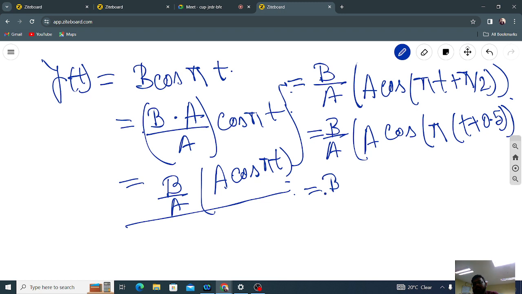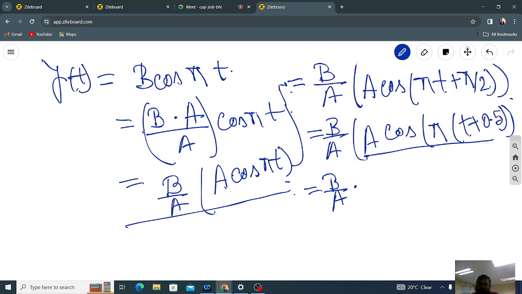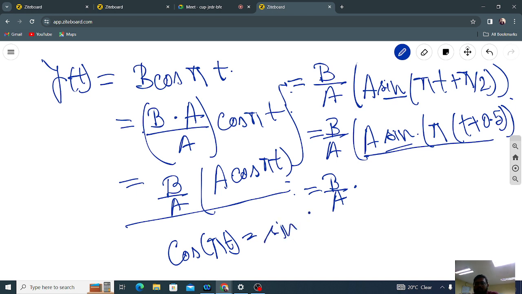So this will be b by a into, what is this function? Just write me, x of t is equal to a sin pi t. Sorry, there is a mistake because this is sine, this is sine, right? So from this relationship, cos of pi t is equal to sine of pi t plus pi by 2.